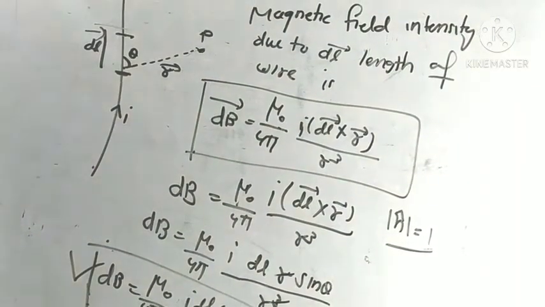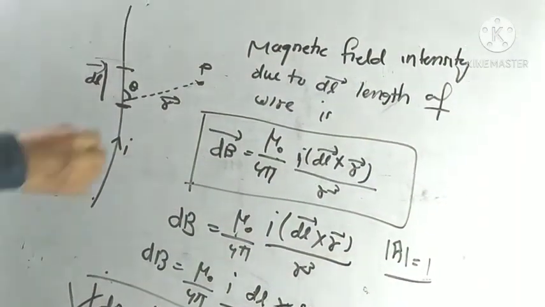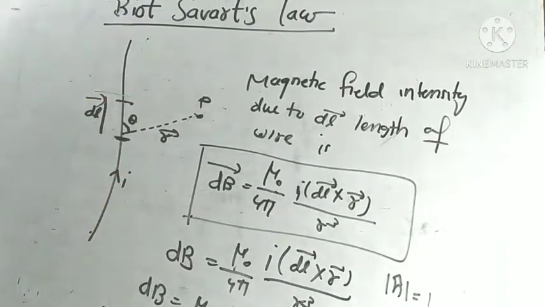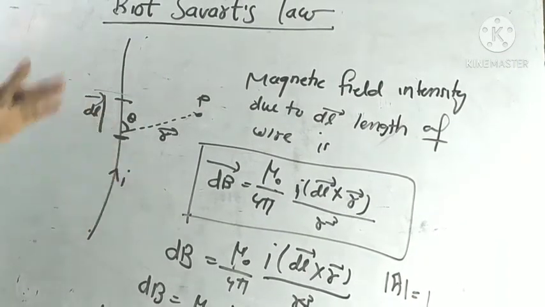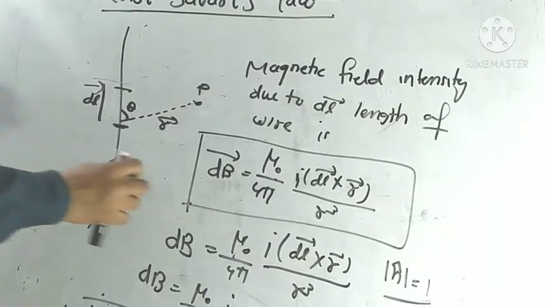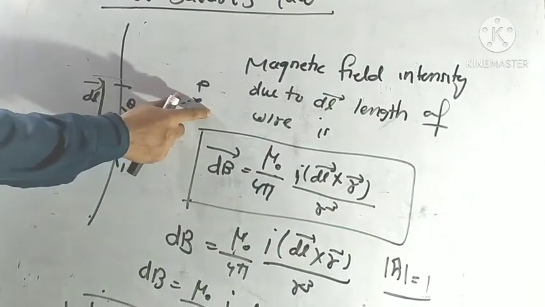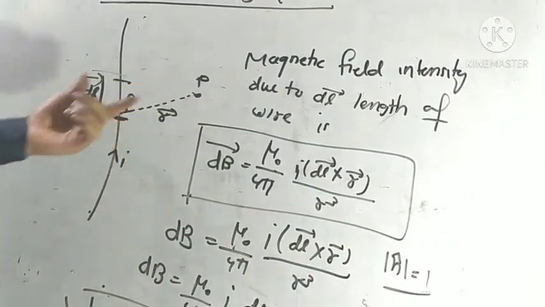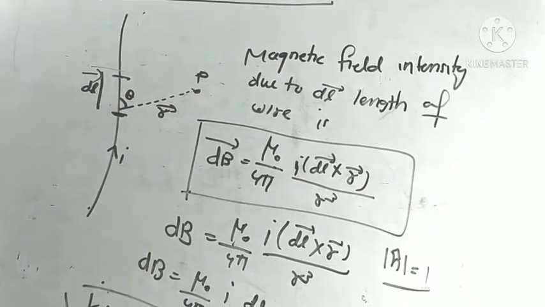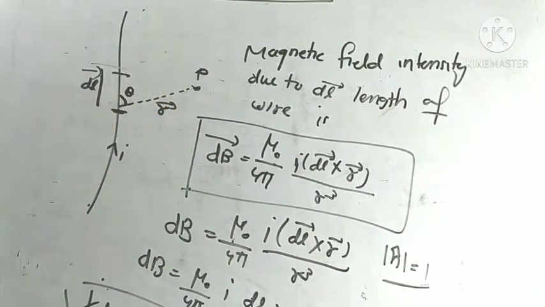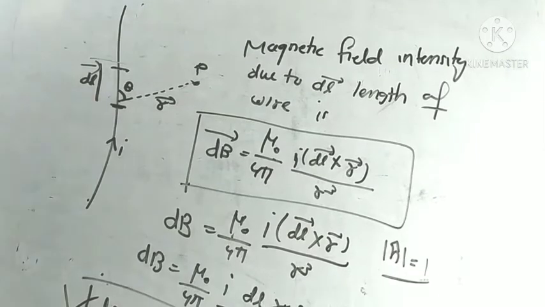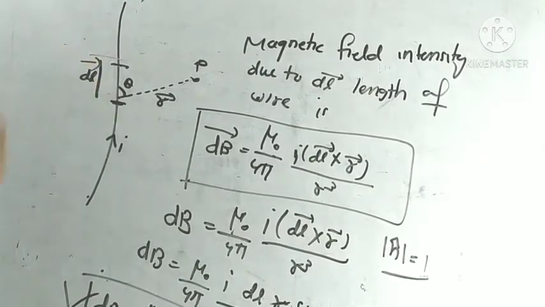So what we do here: we take any conducting wire, and current I flows through it. We take any point which is very near to this wire, where we have to find the magnetic field. We take a very small element of this wire having length dl.